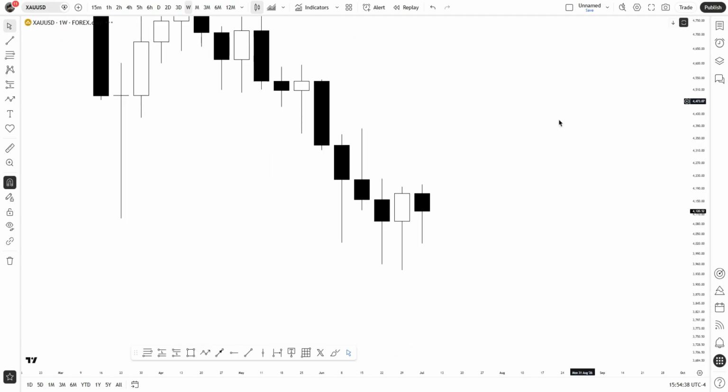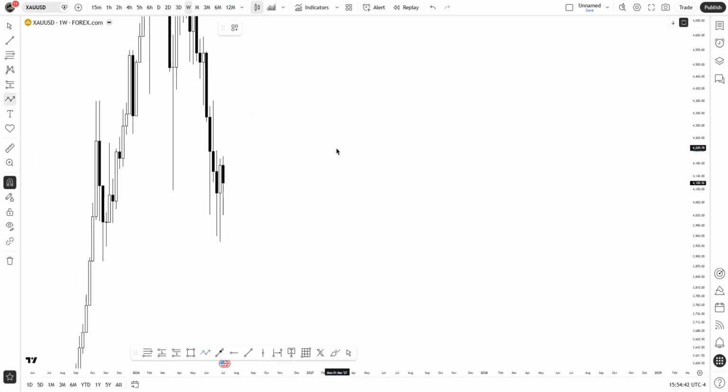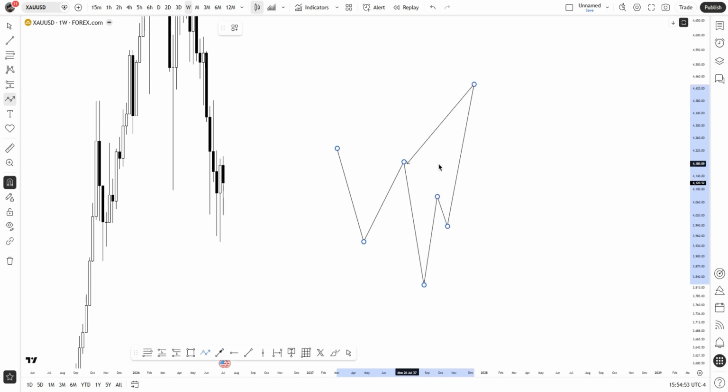Now, what is a breaker block? Let's suppose there is a high, low, high, and the high breaks the low. Whenever that high breaks, then it becomes your breaker block, like this.